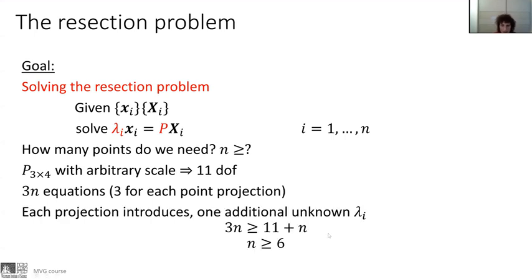And we have, as we said, 11 from the camera and n from the lambda i's. So 3n should be greater or equal to 11 plus n. So n should be greater or equal to 6, which means we need 6 correspondences between 2D and 3D in order to solve the resection problem and find the camera matrix.